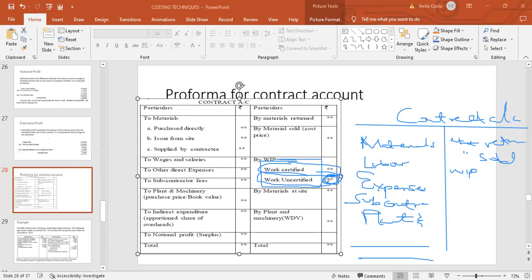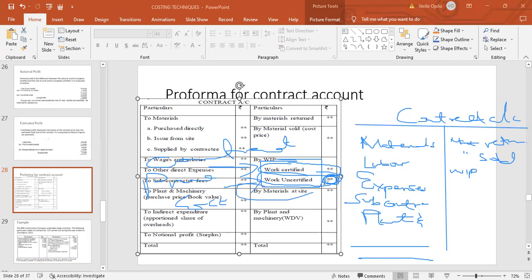How much have you incurred in terms of material, labor, and other expenses to make this ready for the client? So the work uncertified, you include it at the cost to the business. The work certified, you include it based on the contract price, inclusive of a profit margin.